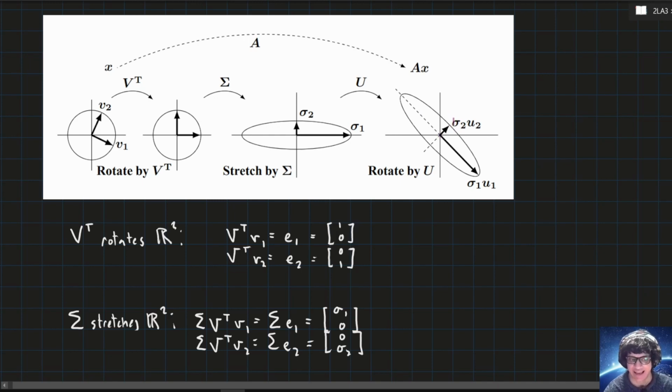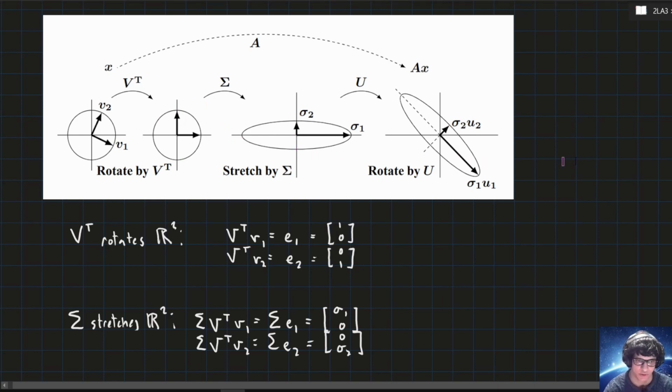And the axes of deformation are exactly the singular vectors. This is an axis of the ellipse. And there's also the lesser deformation, which corresponds to U2 and sigma 2. So this is the lesser deformation. In fact, from this diagram, it looks like sigma 2 is going to be less than 1, because it's actually compressing or shrinking the space.